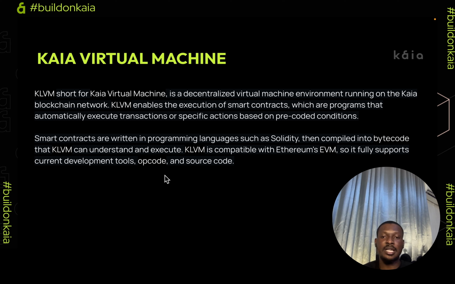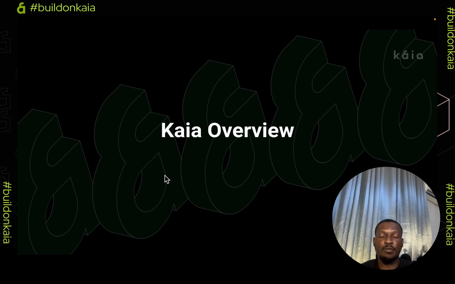Because smart contracts are written in a programming language like Solidity, they have to be compiled into bytecode which the KLVM understands. Once compiled, they are executed. KLVM is compatible with the Ethereum virtual machine, which means it fully supports every development tool, opcode, and also source code. Right. So now let's talk about Kaya overview.